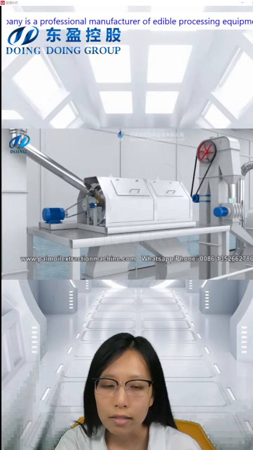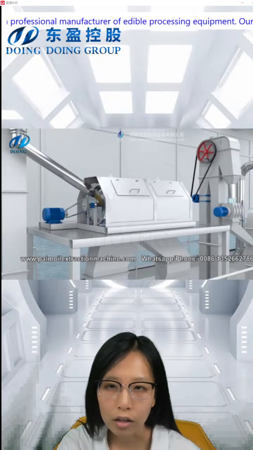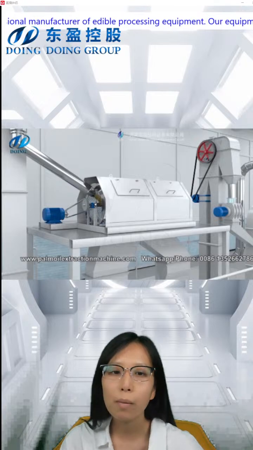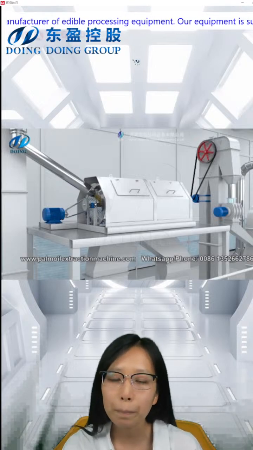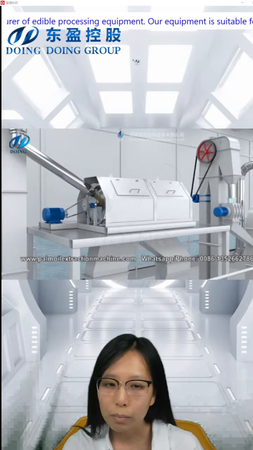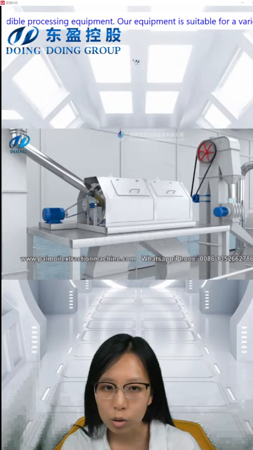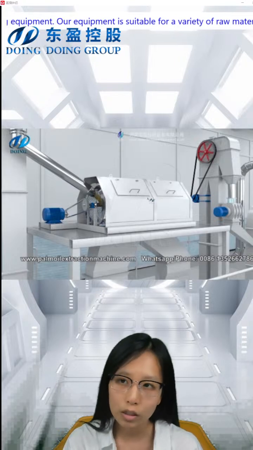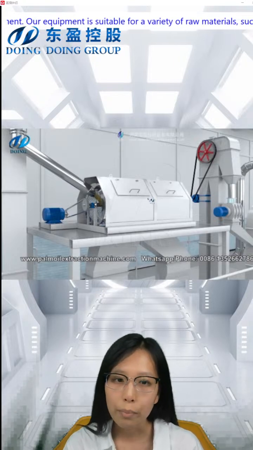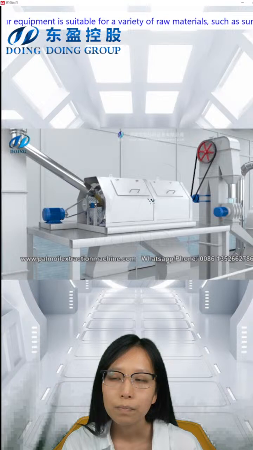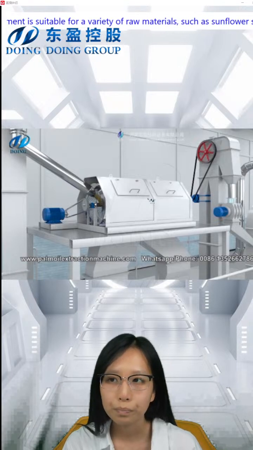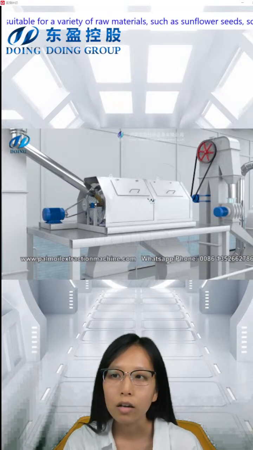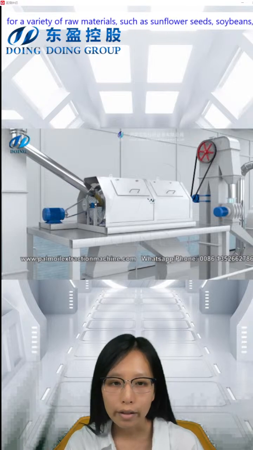So I think you can expand your business. Maybe you will use these two types of palm fruit, and I think you will use this machine to separate the different types of palm kernel by their size, and then you can break them.